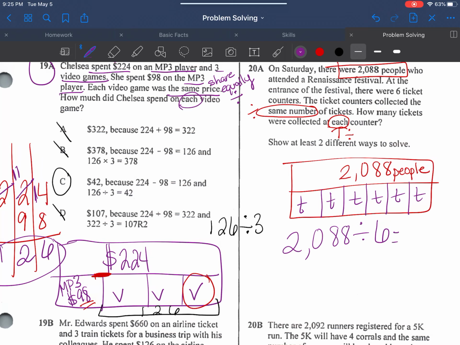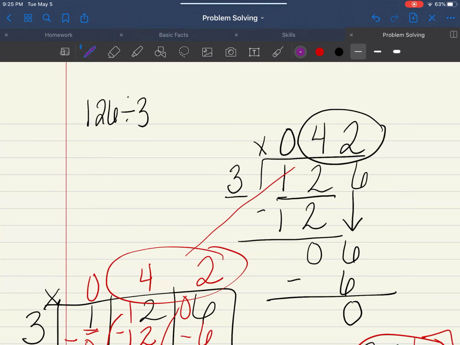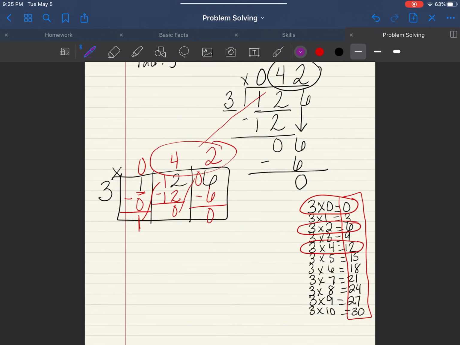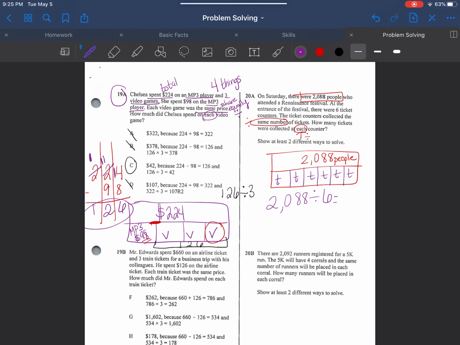So it's asking us for 2 different ways to do that. That would be one way, doing the division. Another way would be to think, let's see. We could do like how we just did on this page, the long division.